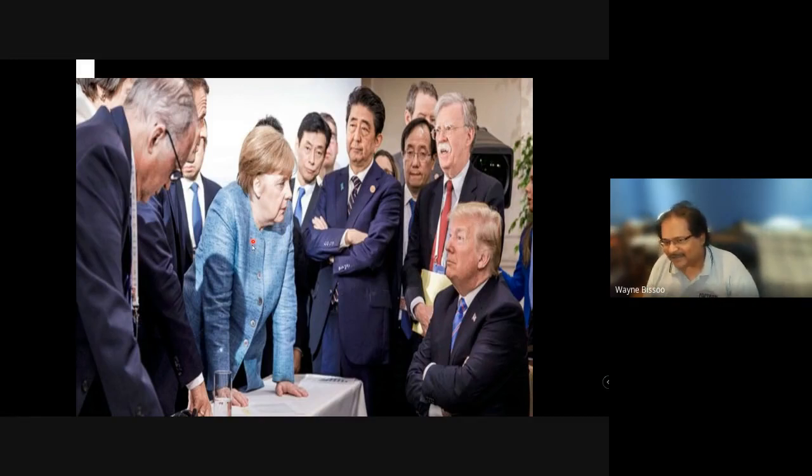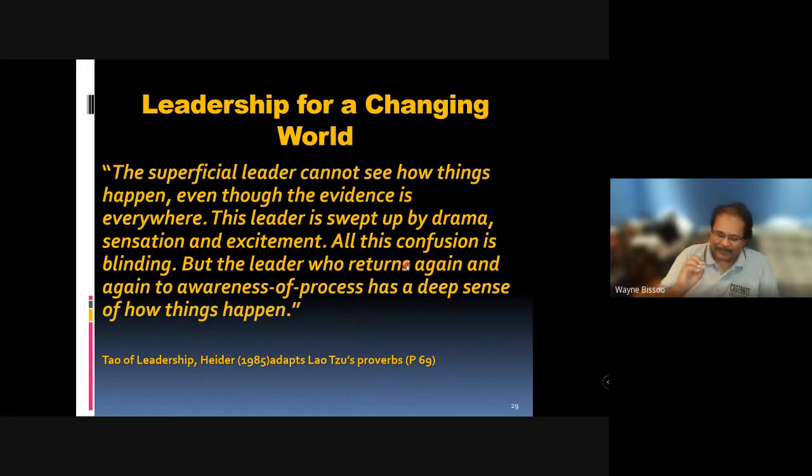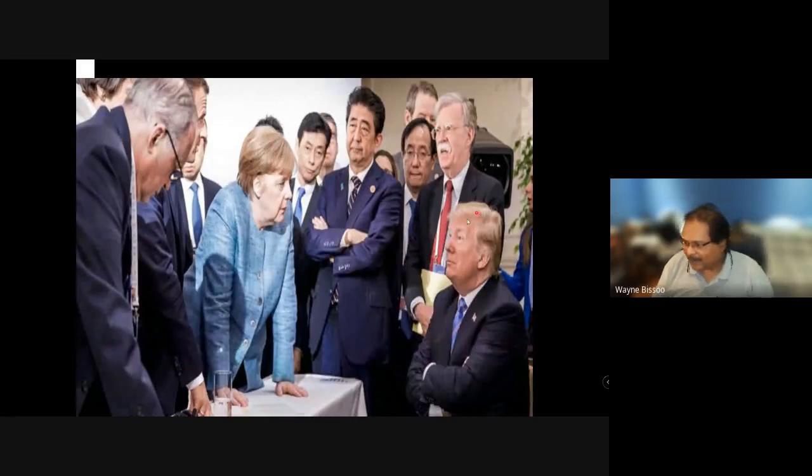I looked at this, and he is the epitome of that statement we just made, where superficial leaders cannot see how things happen, even though the evidence is all around them, because they're swept up by the drama of the moment. Whereas leaders who return again and again to awareness of process have a deep sense of how things happen. To me, he is the embodiment of the first, and she is the embodiment of the last, because these people realize the importance of what they're doing because they go back and think about things.